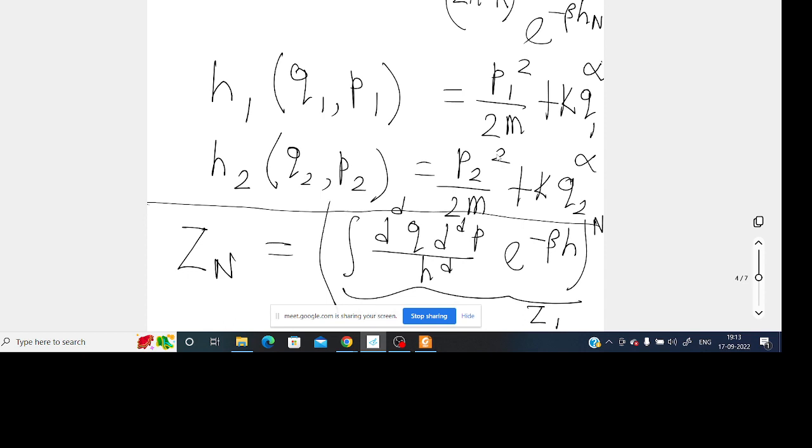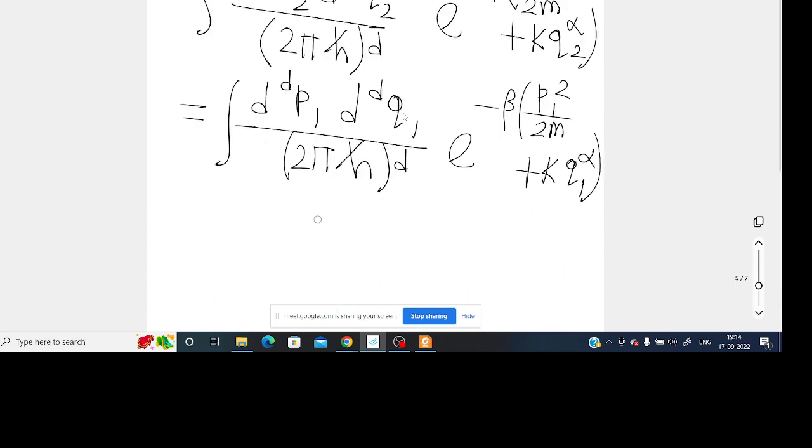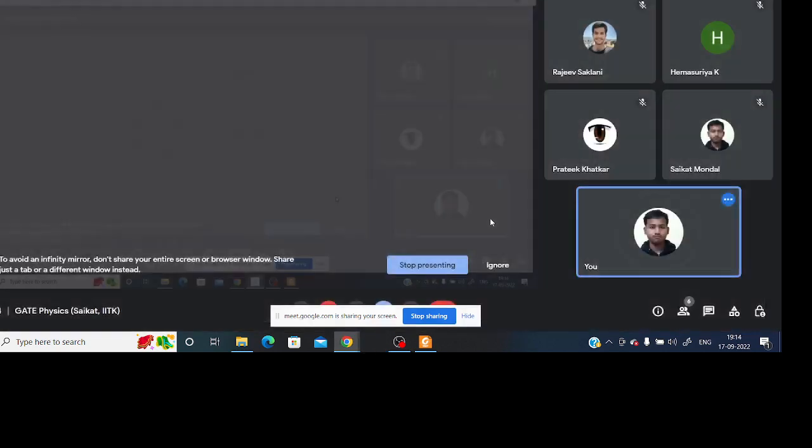Sir, it's for distinguishable particles, right? Right, the particles are distinguishable, but the functional form of the Hamiltonian should be similar.